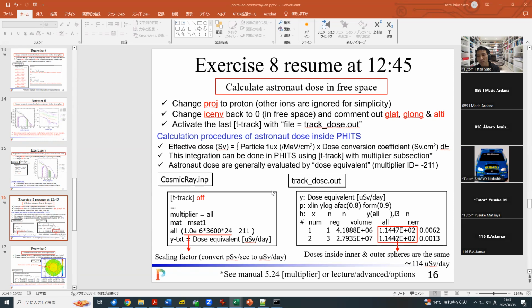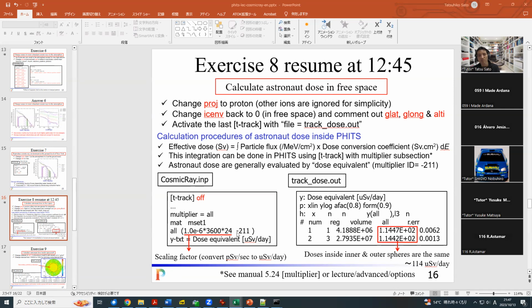However, conventional effective dose can be used only for ground level dosimetry. And in space, dose equivalent is widely used. And in FITS, there is a database of dose equivalent.